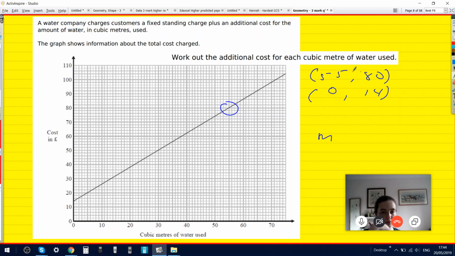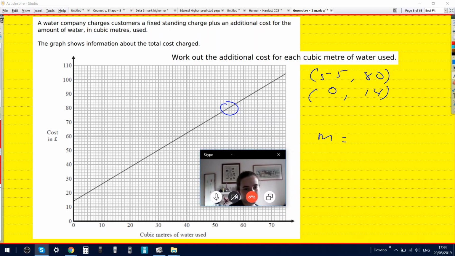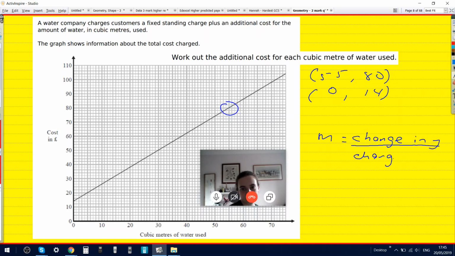How do you find gradient from two coordinates? Change in y over change in x? Yes. And so what would be the working out for this one?